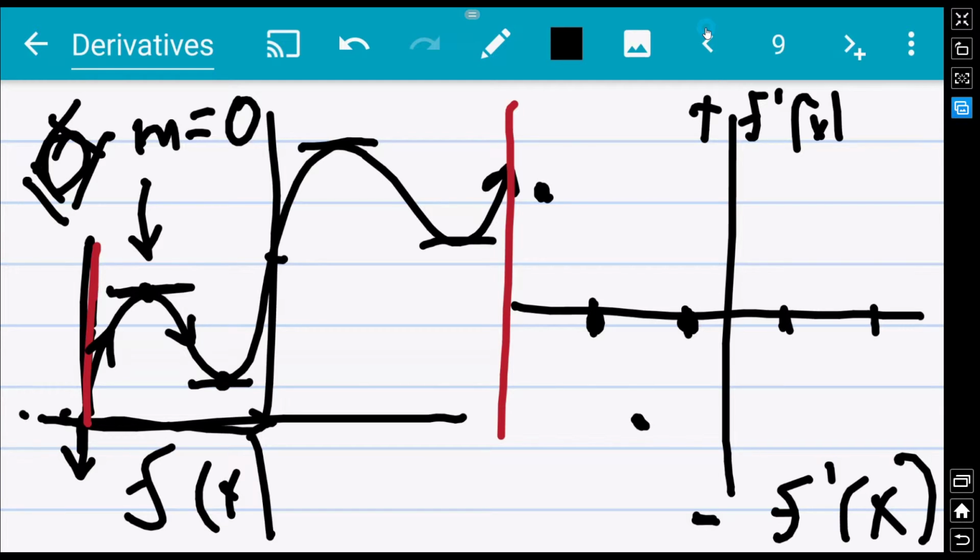It doesn't matter where the y value is. It doesn't matter where the roots are, which are when it crosses 0. Because the roots of f prime of x are when the rate of change of f of x is 0.